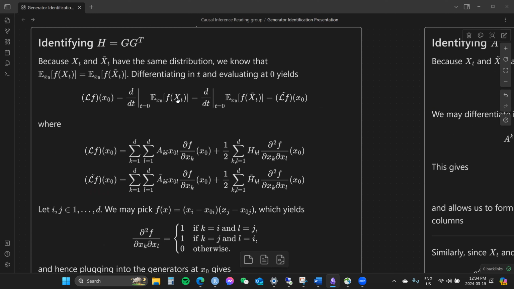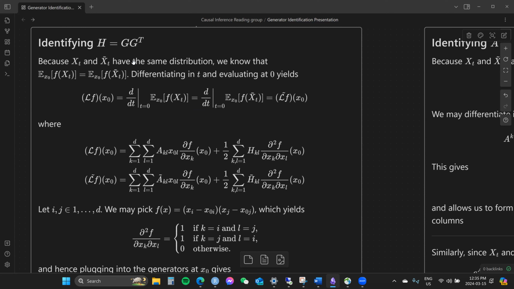Same distribution implies same statistics at each time and each increment, which means you can create a bunch of systems of equations that relate the parameters across different equations. And then the rank condition is applied at the end so that you can invert and then show that the parameters actually have to be the same.